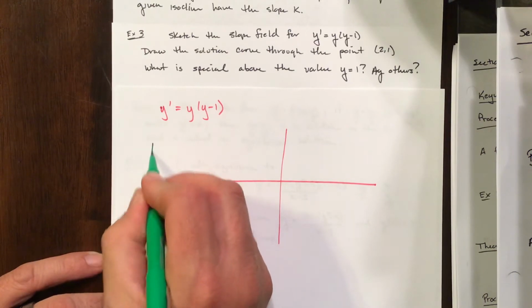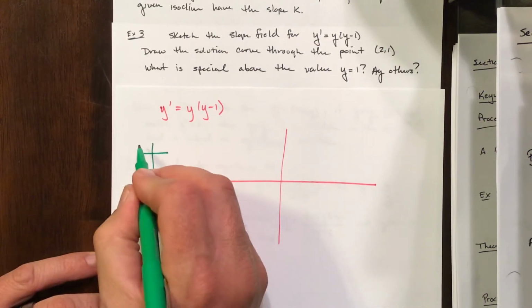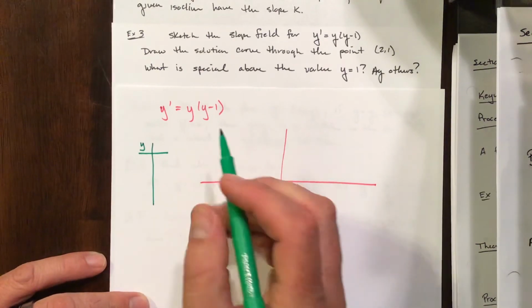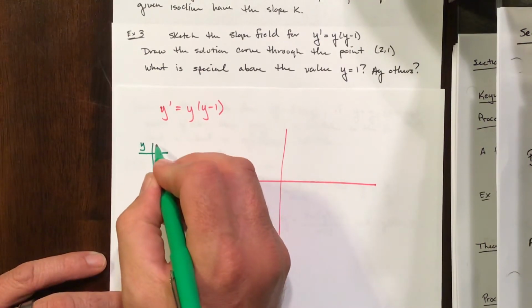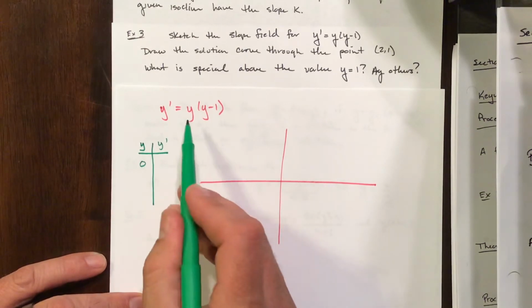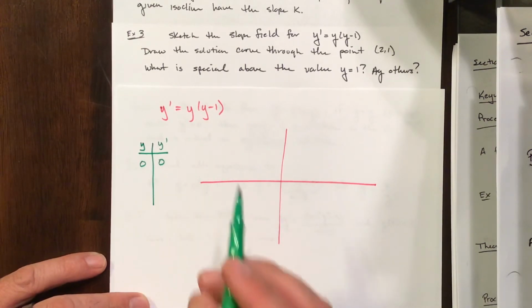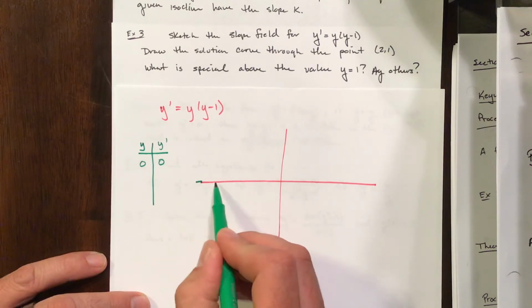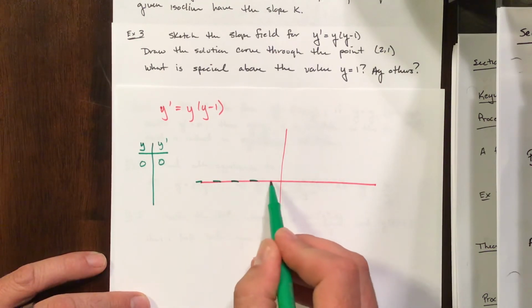This is my input y. I don't have to worry about x because there are no x's in this differential equation. If I plug in 0 for y, y prime is 0. So at any point with y coordinate 0, you will have a slope of 0.